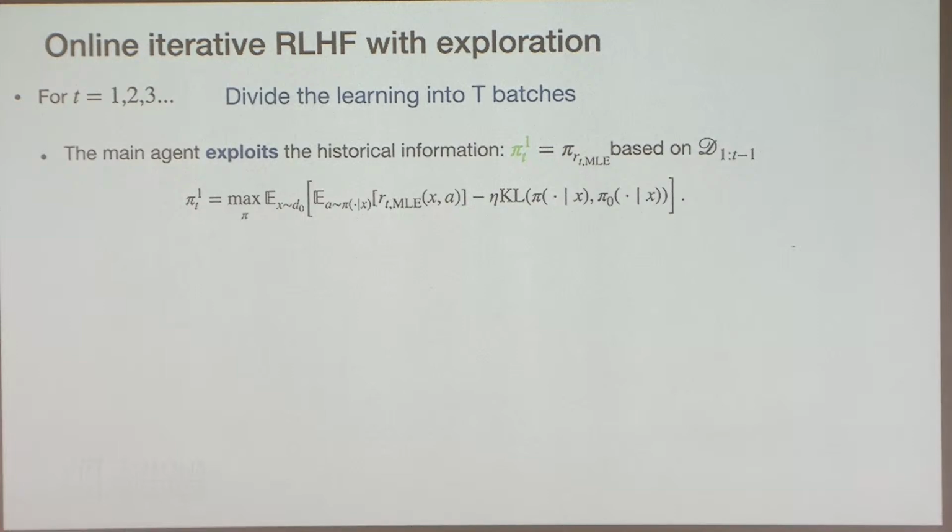Specifically, we have our π_t^1, which is exactly something we have done in the ChatGPT framework. So we compute the MLE reward, and we compute the optimal policy with respect to this MLE reward. It's like we want to use the historical information that we have collected so far.